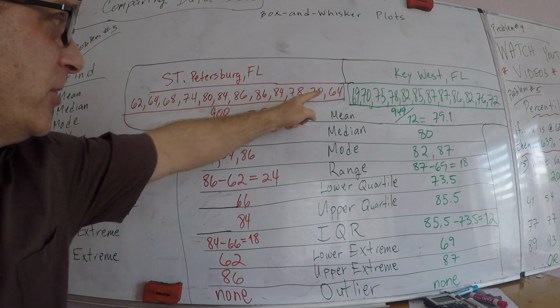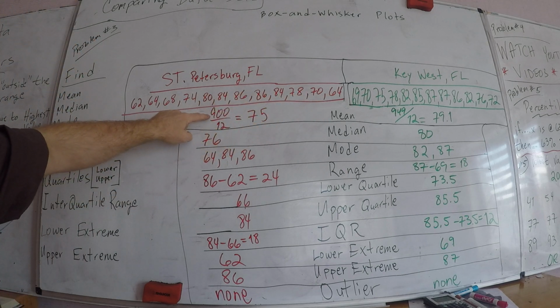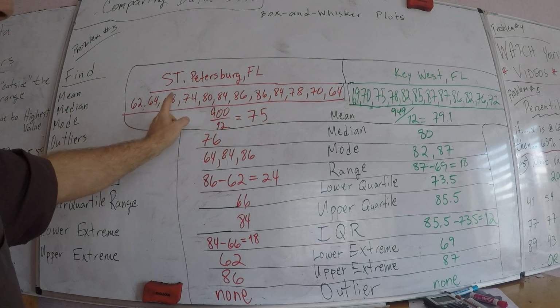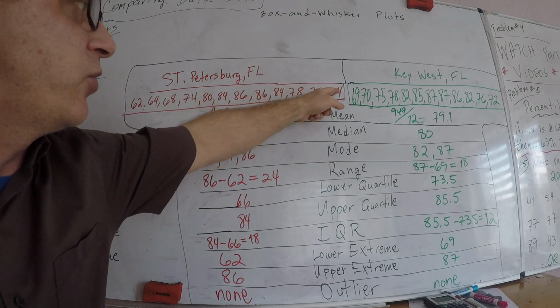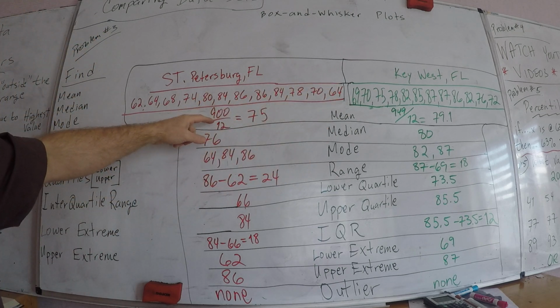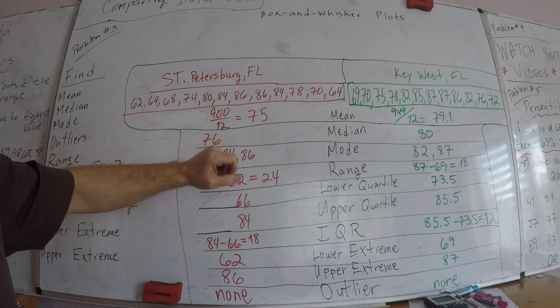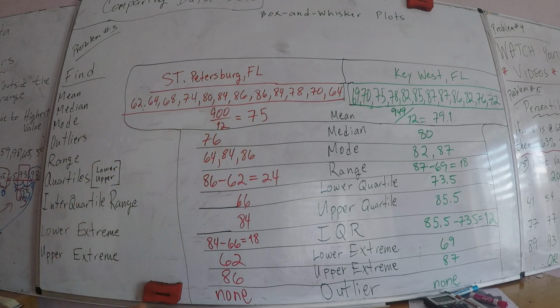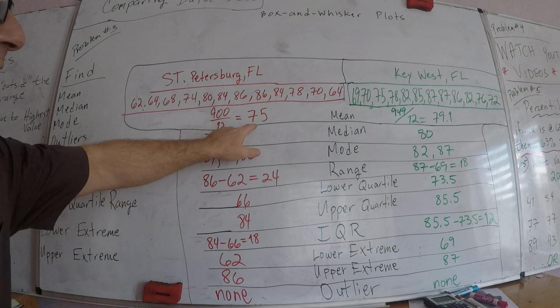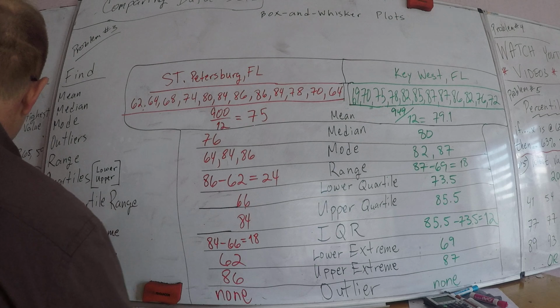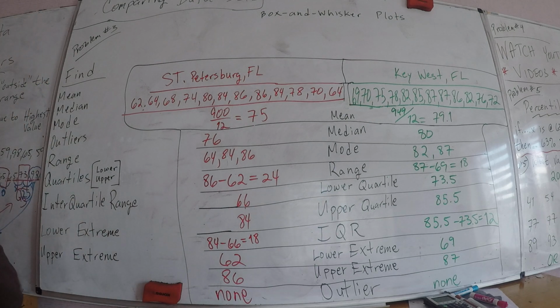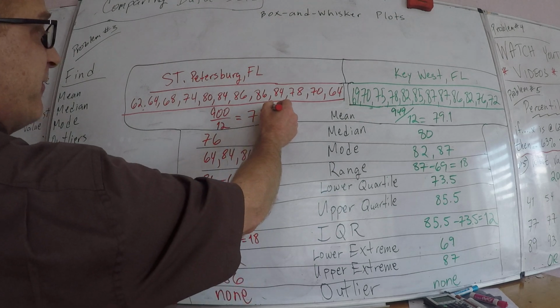All of these numbers add up to 900. There are 12 months. So 900 divided by 12 is 75. So the average annual temperature in St. Petersburg, Florida is 75 degrees.